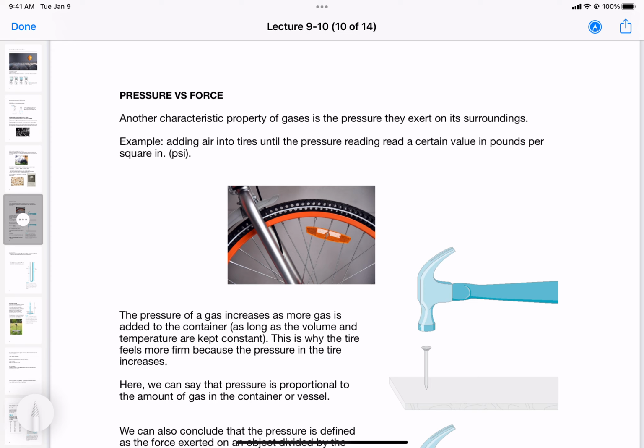It'll tell you the pressure, and you can modulate the pressure by releasing it or adding more in case your tire pressure is too low. Okay.